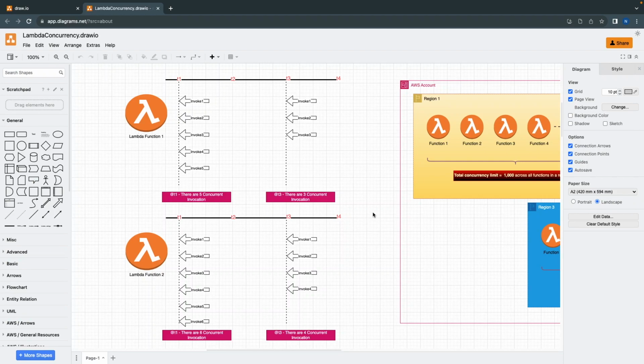Today we'll be discussing AWS Lambda. If AWS Lambda is not configured correctly, or if you have not used all the required settings, there are very high chances of a spike in your AWS expenditure.